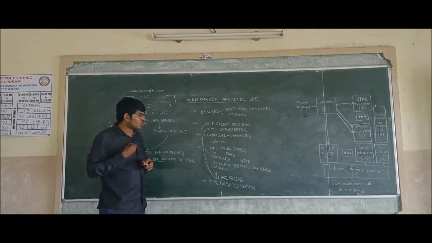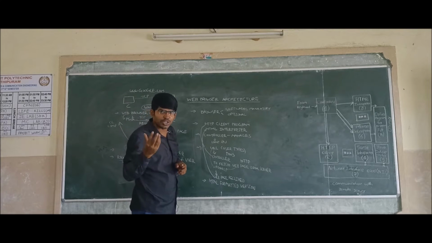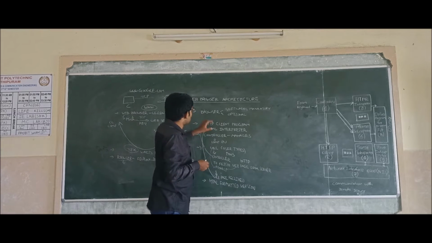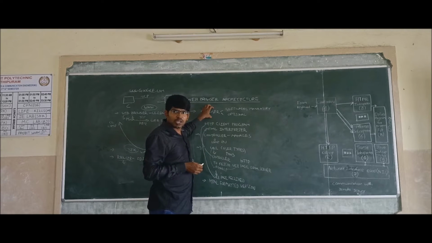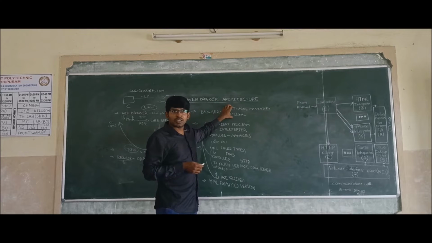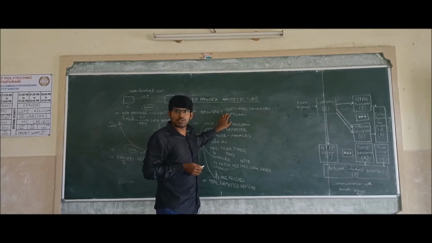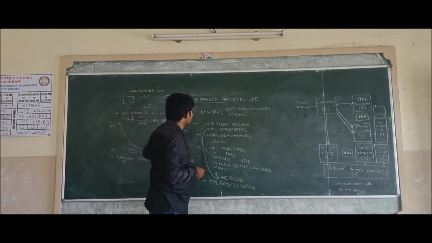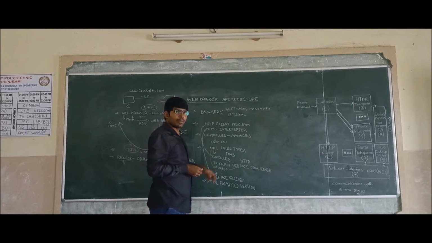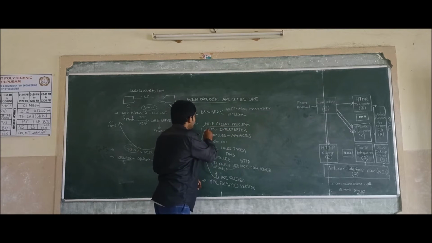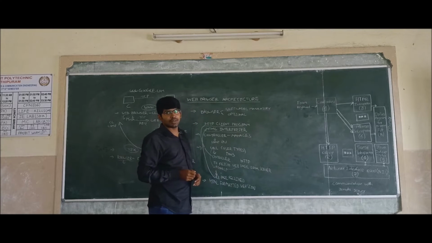Now, how is the web browser useful? The web browser is very useful for the display of documents, text, or any data. In the browser we are using many softwares. Some softwares are mandatory and some are optional. The mandatory ones are the HTTP client program and the HTML interpreter.